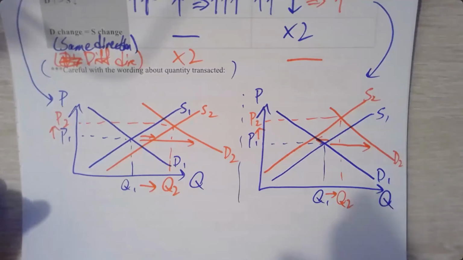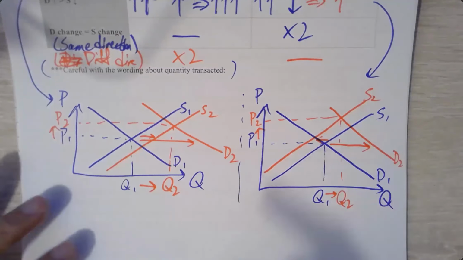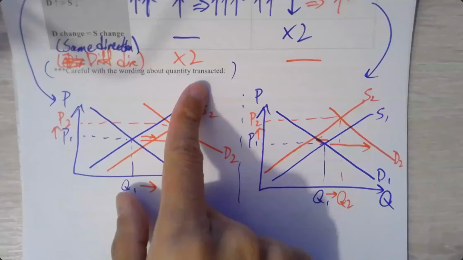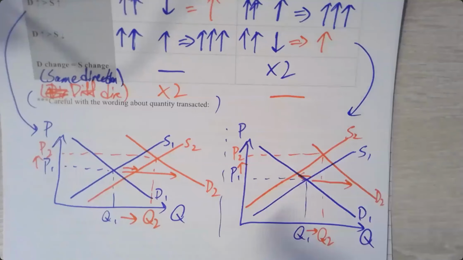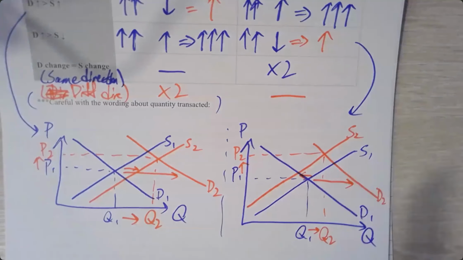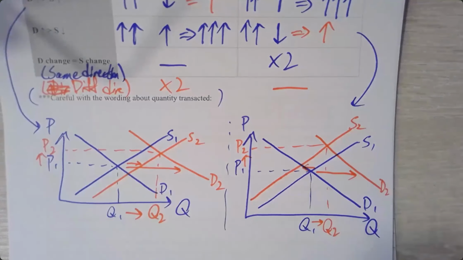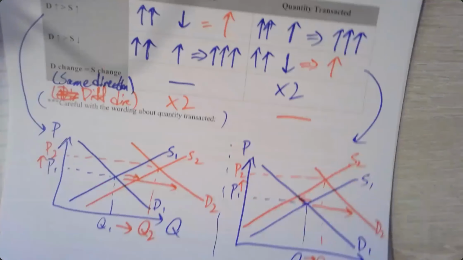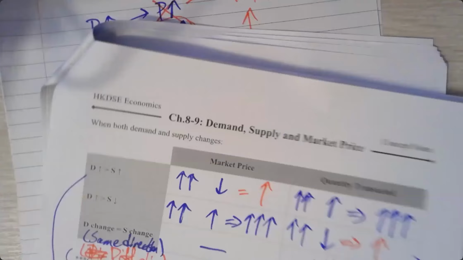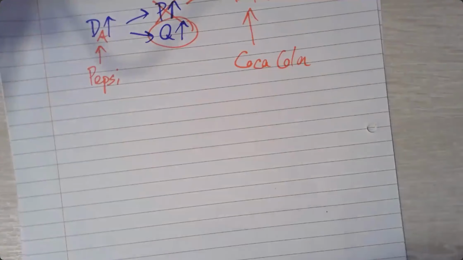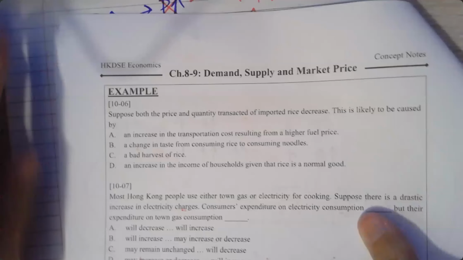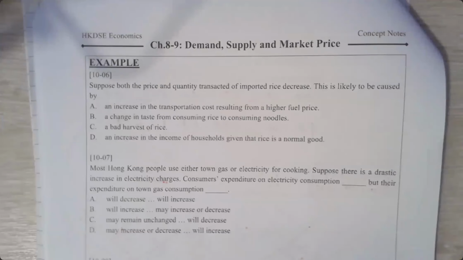But let's deal with that back at school. For this video, let's not go into too much. Something about quantity transacted is not that simple, but in reality, in the DSE, most of the time they do not care too much about this point. So let's talk about it at school.